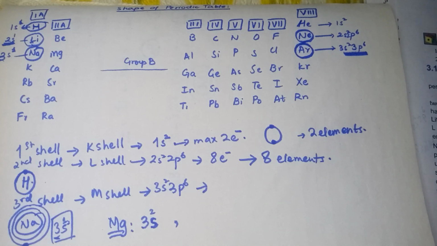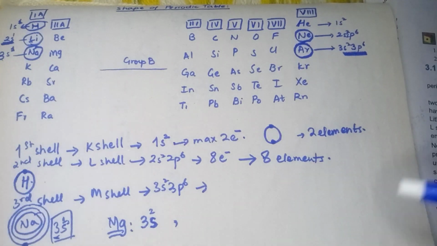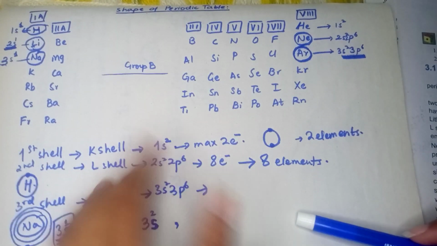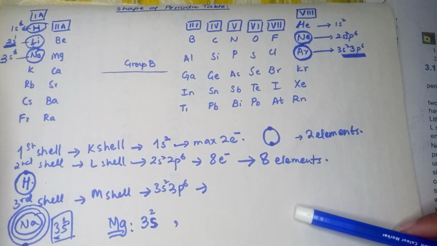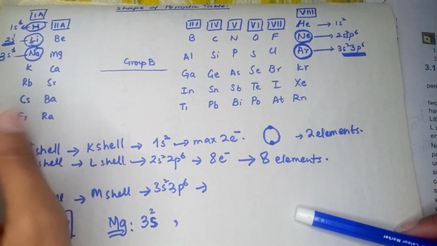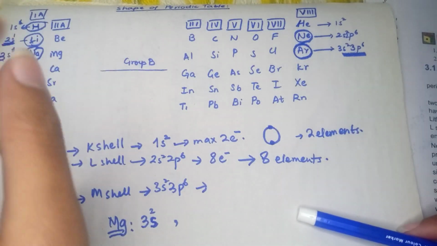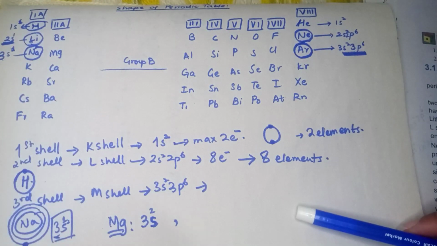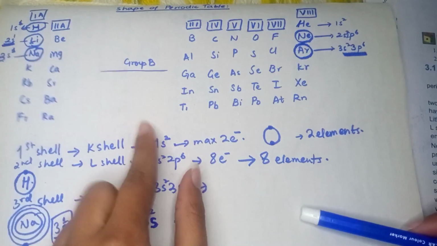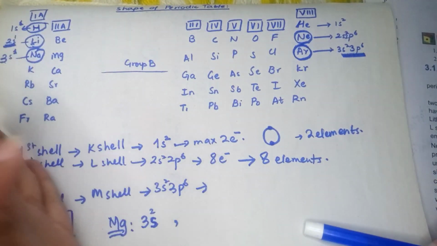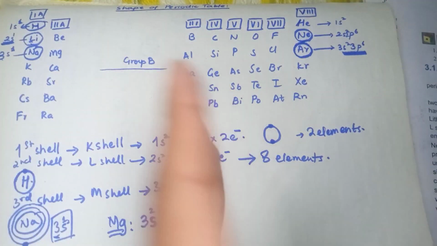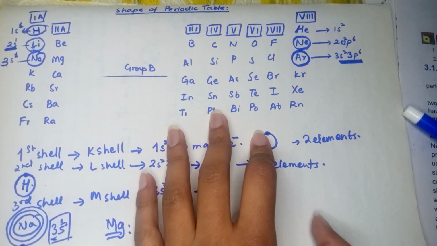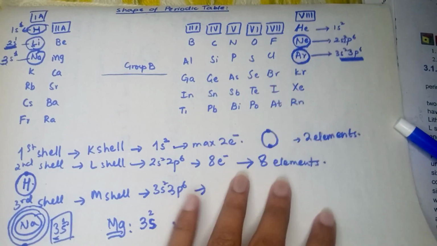And one very important point as well is that the elements that have the same valence shell electronic configuration, like I told you before, hydrogen has 1s1, lithium has 2s1, sodium has 3s1, are going to be placed in the same group, right? So that was all about the shape of the periodic table. I hope this is clear to you, and thank you.